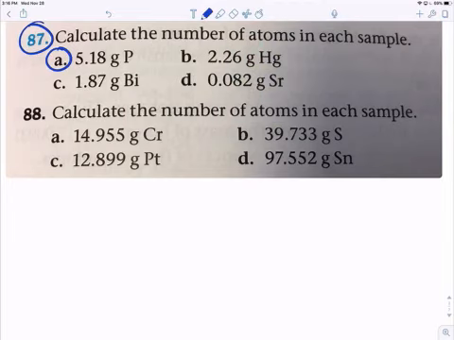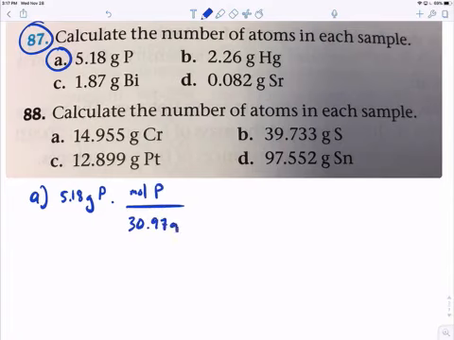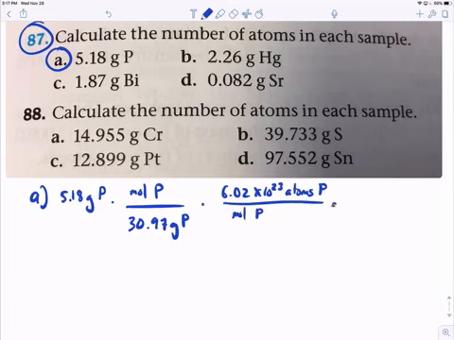So here for A, we have 5.18 grams of phosphorus times mole phosphorus, and phosphorus is 30.97 grams phosphorus times 6.02 times 10 to the 23rd atoms phosphorus per mole phosphorus.